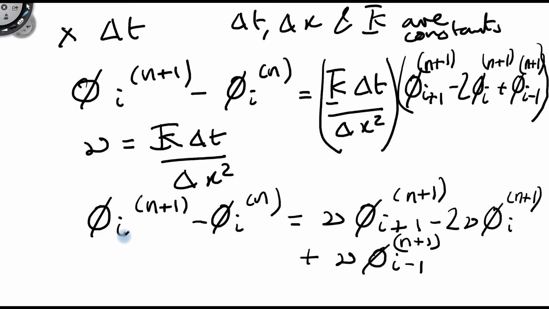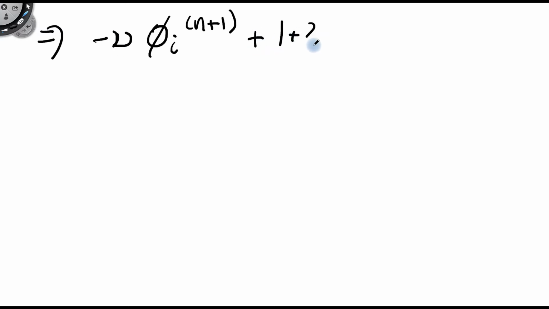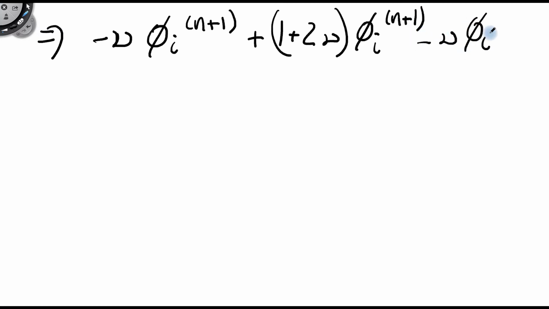So that implies minus nu phi I minus 1 at n plus 1, then plus 1 plus 2 nu phi I at n plus 1, minus nu phi I plus 1 at n plus 1.